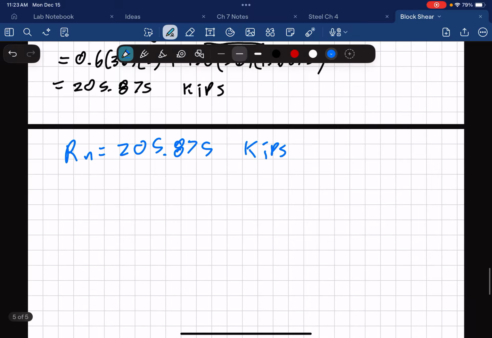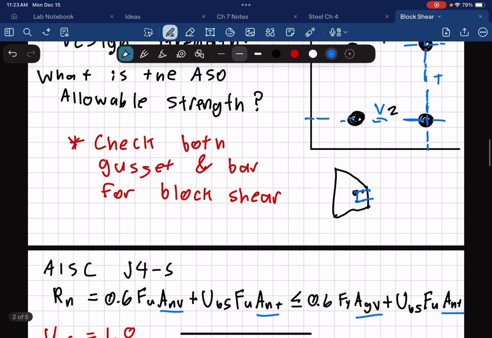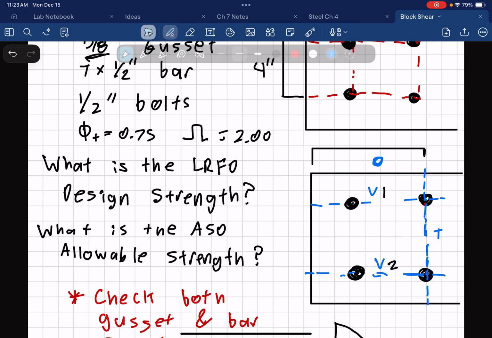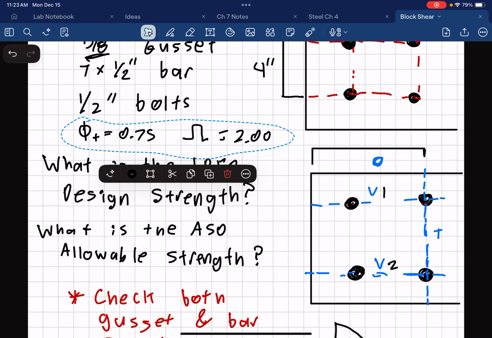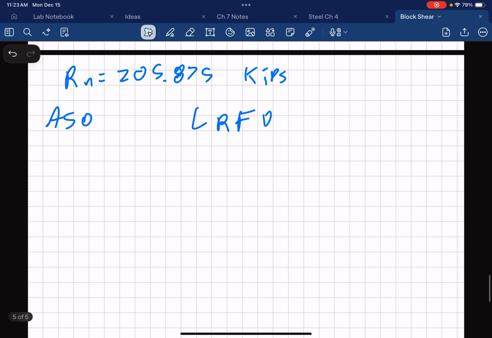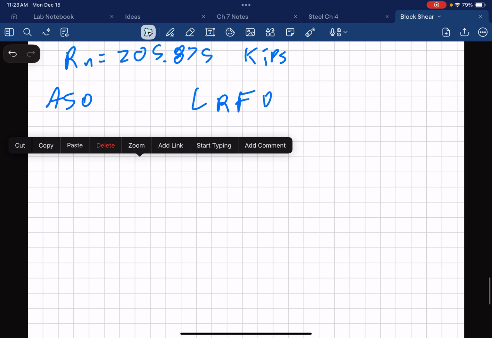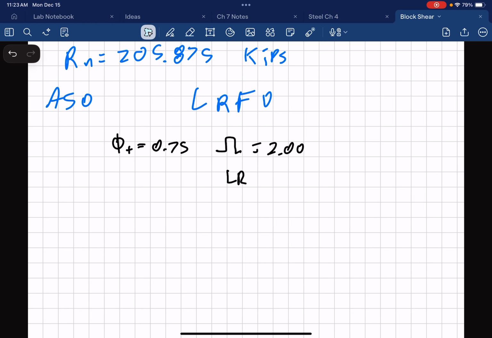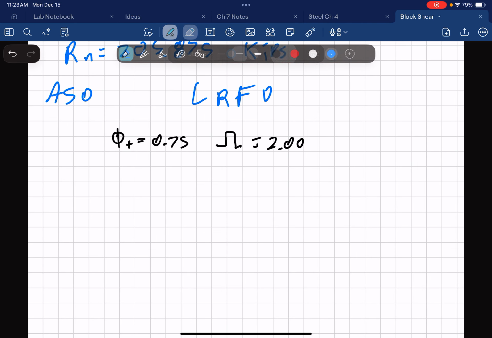So now we can go into ASD and LRFD. I gave you the resistance factors in the beginning of this problem. We'll just take them and copy them down real quick. For ASD, all we're going to do is take Pn, or for this case, Rn, and divide it by this.